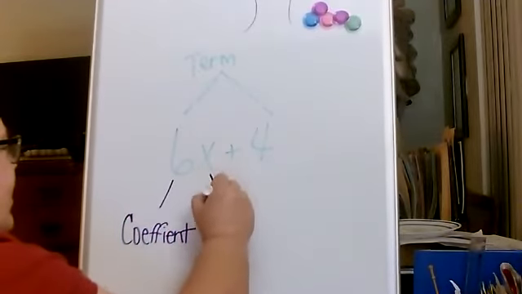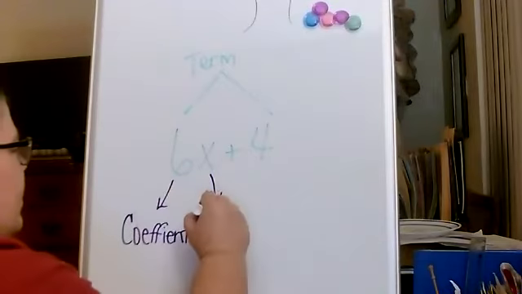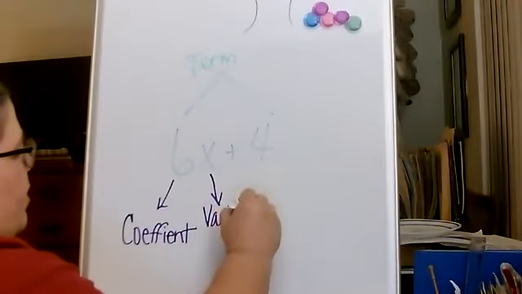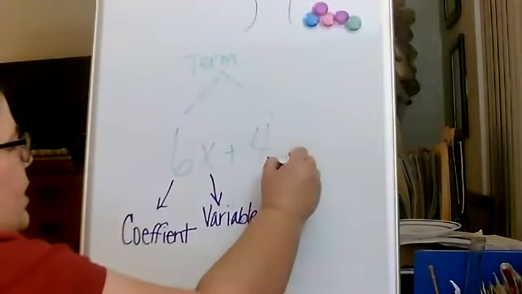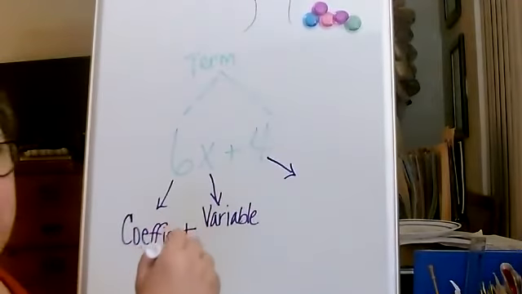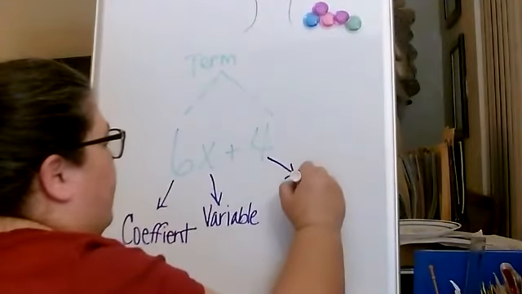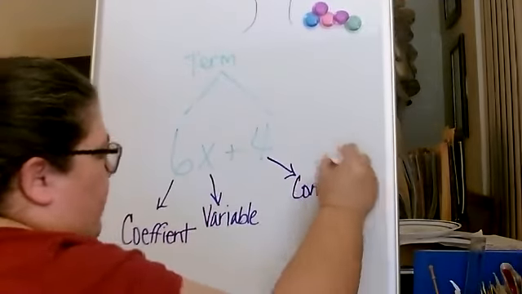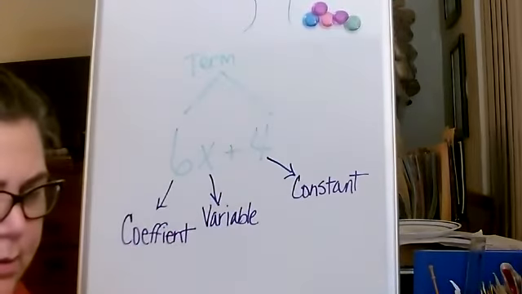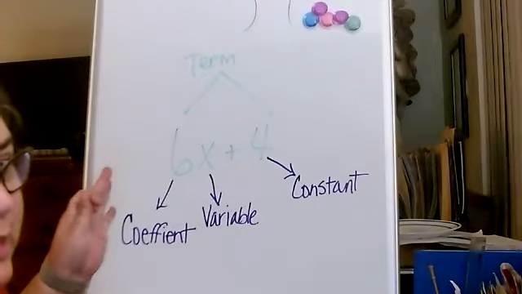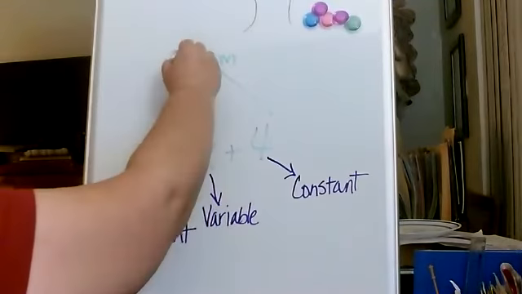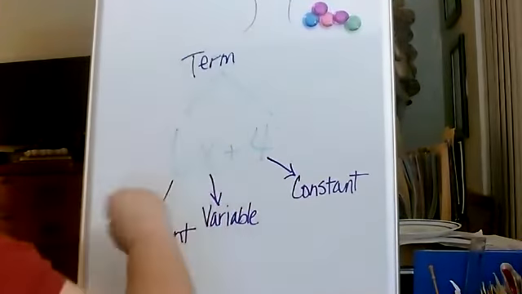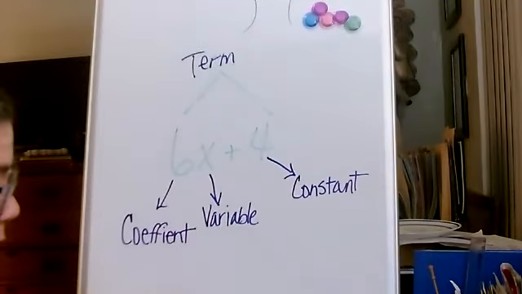The x is the variable. And the 4 is a constant. Okay, so we went over all this last time. So just so you know, this is pretty much review because we're going to be going into it a lot more over this lesson.